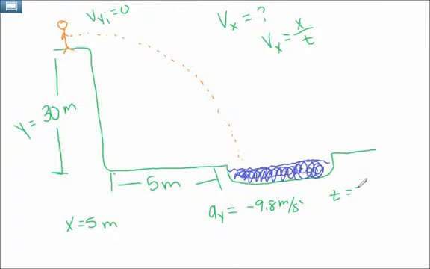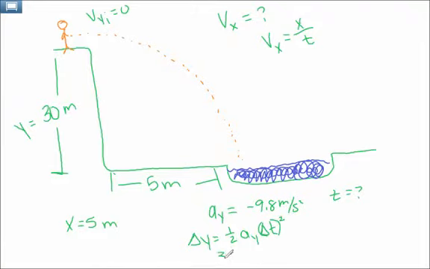Which one's t? Time. And once we find this time, we can plug that into this equation. What's that angle? We don't need to use an angle this time. You can use delta y equals half ay times delta t squared.